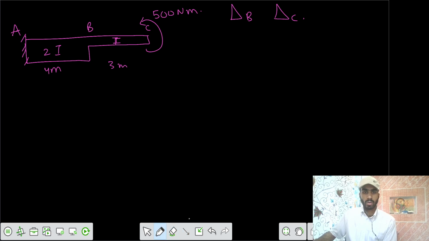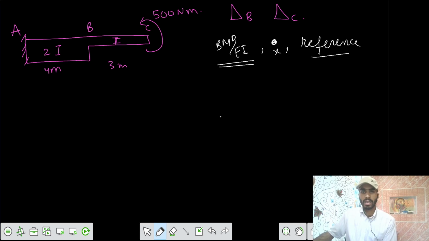So the moment area method says that you need the M by EI diagram, that means BMD by EI, and you need centroids, and you need a reference point. Let's follow step by step.